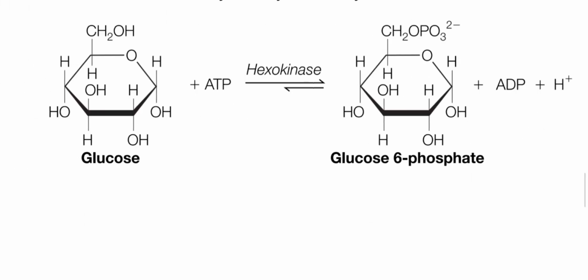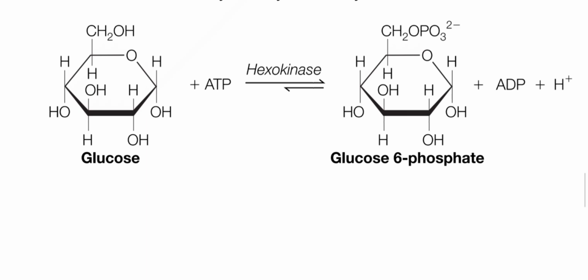The first reaction of glycolysis is the conversion of glucose into glucose 6 phosphate, and this reaction is catalyzed by hexokinase. The name of the enzyme implies that hexo indicates the sugars in the hexose form, and the kinase is the enzyme that adds a phosphate group.